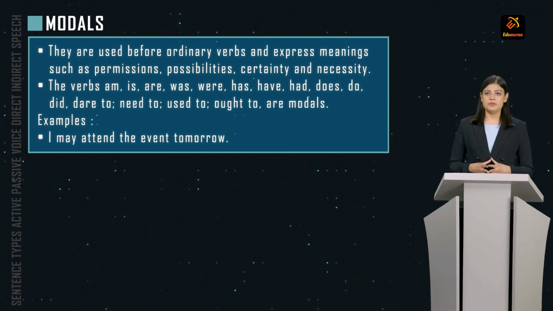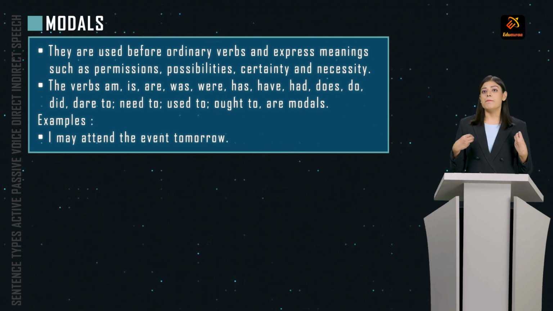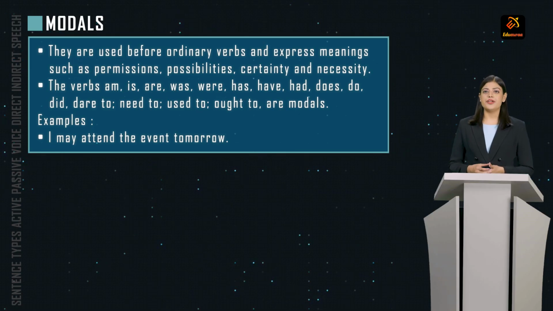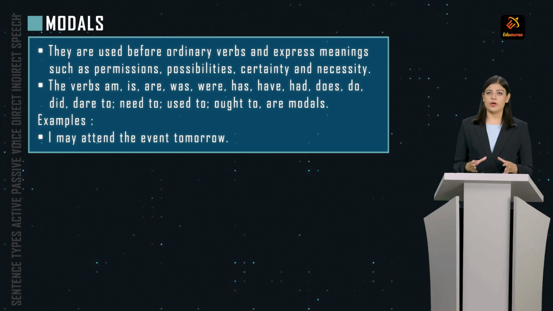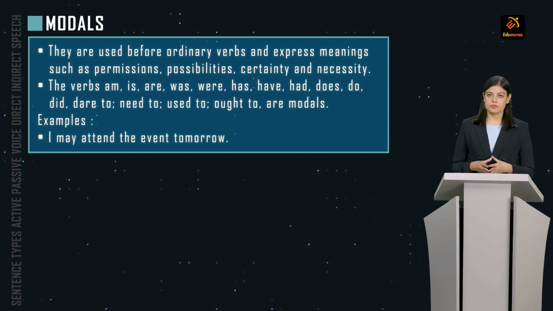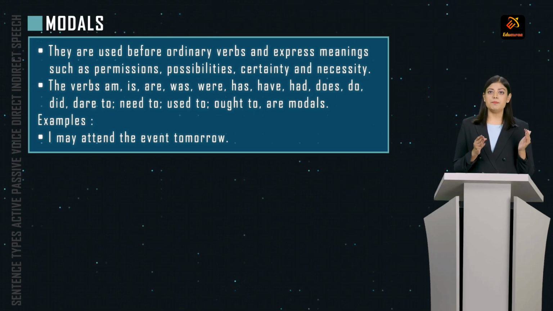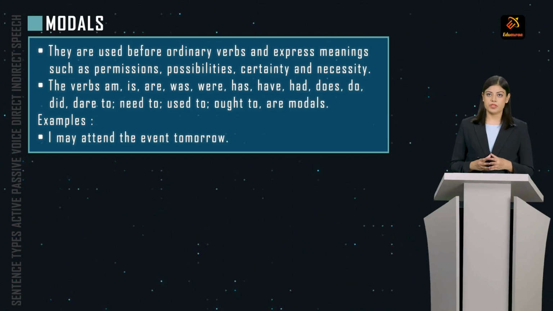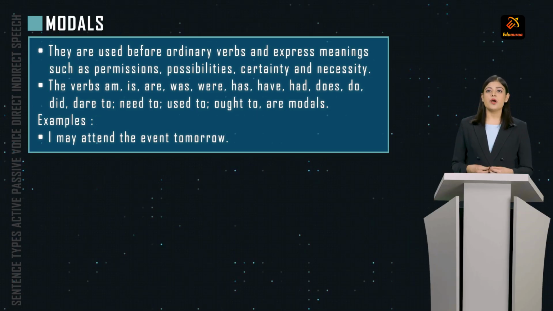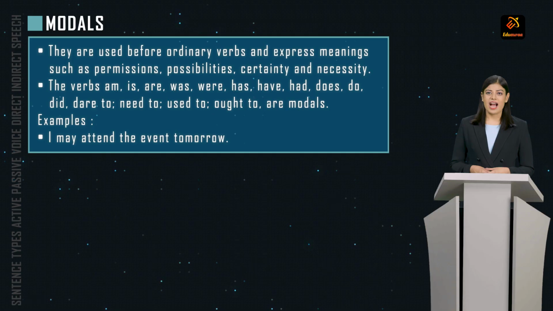For example, I may attend the event tomorrow. Attend is my main verb. It's my main action. The word may, which is coming before attend, is a modal. It is showing possibility.